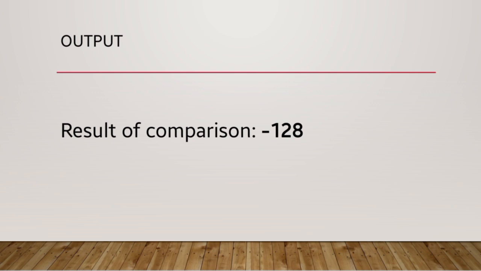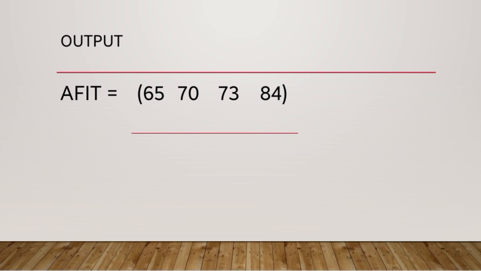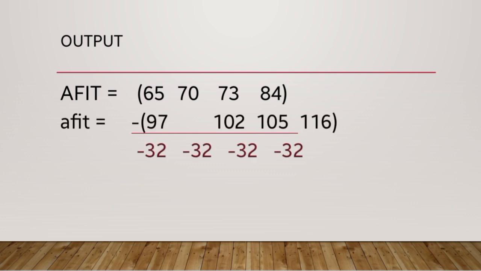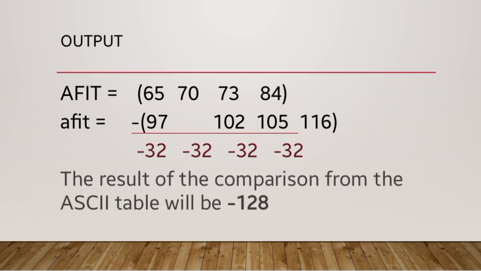How did we arrive at minus 128? It is because AFIT in capital letters is 65, 70, 73, 84 on the ASCII table. And in small letters, it is 97, 102, 105, 116.